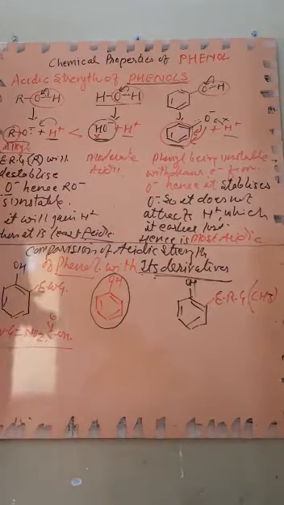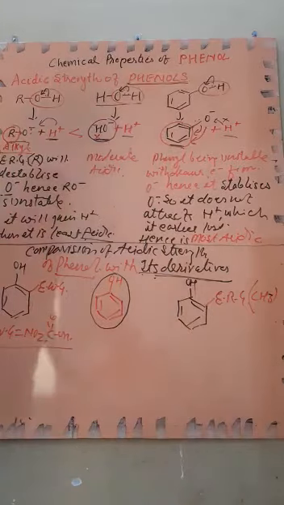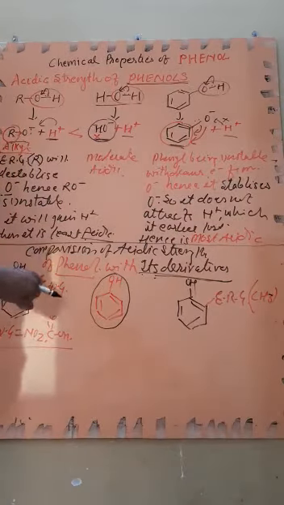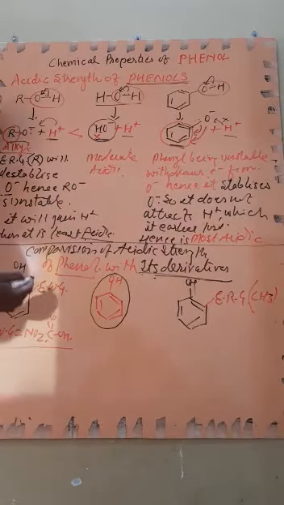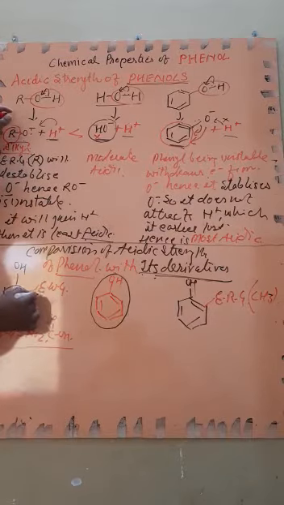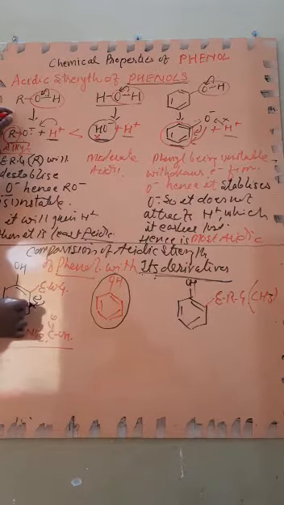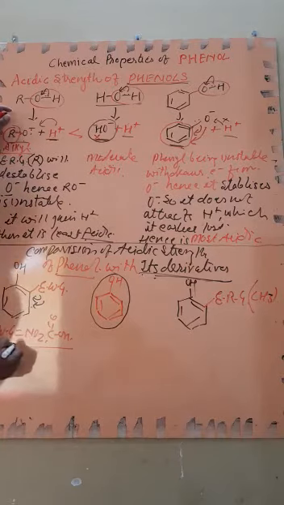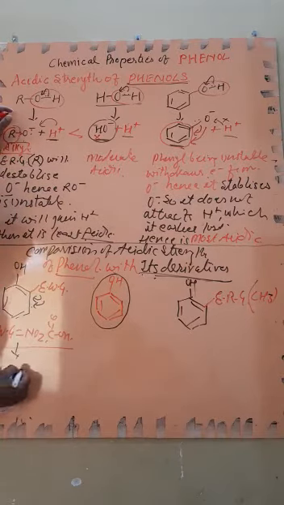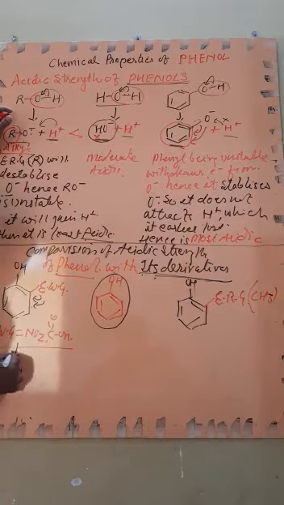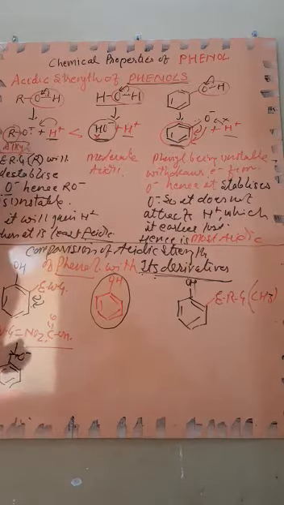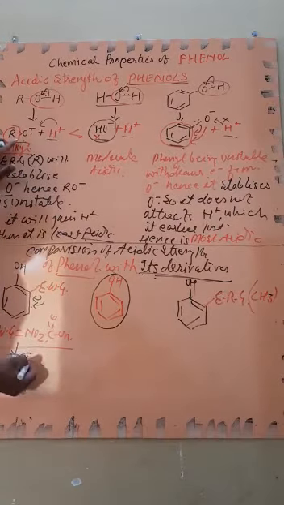Phenol is already acidic in nature, and if an electron withdrawing group is attached to it, electron withdrawing group means which withdraws electron from the attached group. So if it withdraws electron, then here the phenoxide ion, this O anion, phenoxide ion, is unstable.